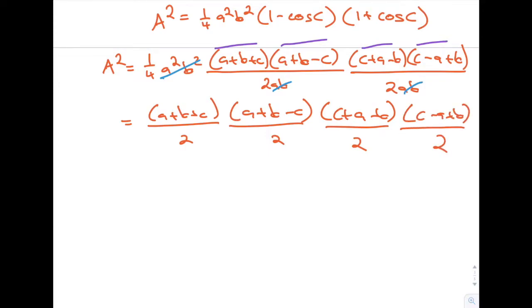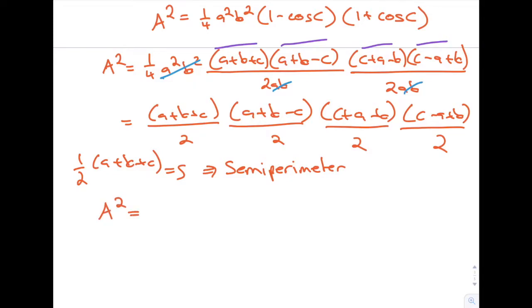Now here's kind of the kicker. If we define something that's called the semi-perimeter of the triangle, if the semi-perimeter is 1/2 (a plus b plus c), and we let that equal s, then we can simplify a whole lot of this. It's literally half the perimeter. So now if we substitute this into what we currently have for our area equation, 1/2 (a plus b plus c) is our first term, so that's s.